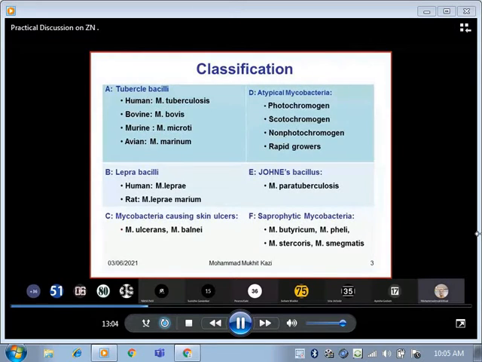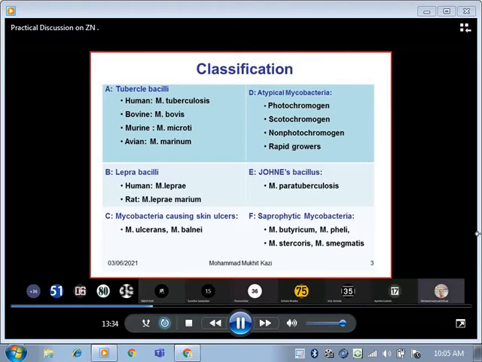Why do we heat the carbol-fuchsin in the ZN stain? The answer is that the cell wall of Mycobacteria is very sticky and the primary stain does not penetrate easily, so we need some mechanism to make entry for this carbol-fuchsin primary stain into the cytoplasm or protoplasm, so that the mycobacteria in the sputum sample will get stained.